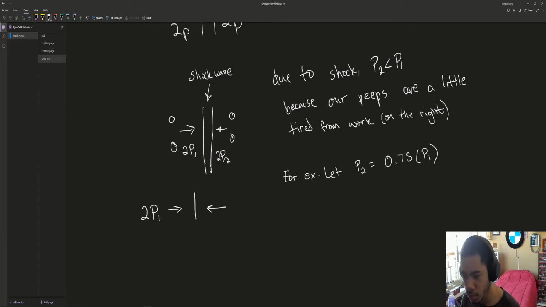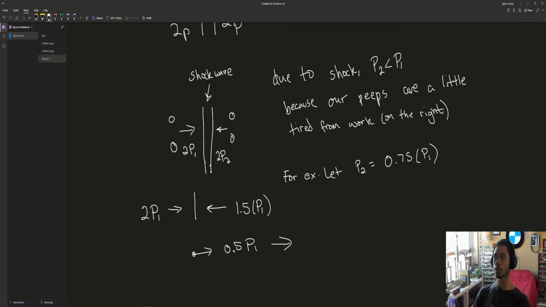And then over here we get 1.5 times P1. Therefore, our overall resultant is going to be 0.5 P1. And what this means, by the way, it's 1.5 because 2 times 0.75 is 1.5. And then times this P1 here. So we put that in front of the example.